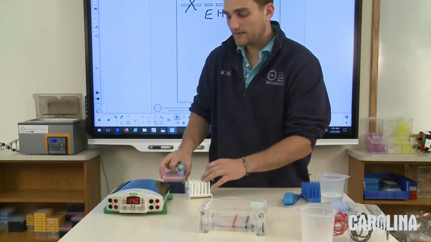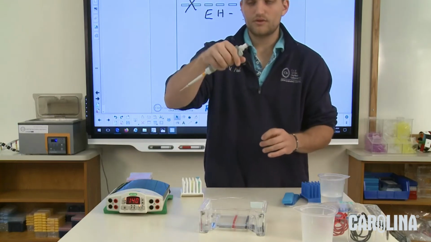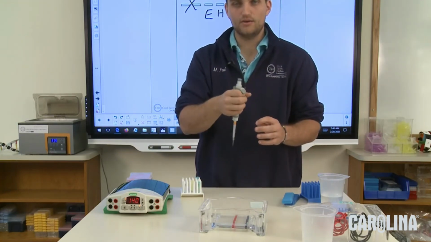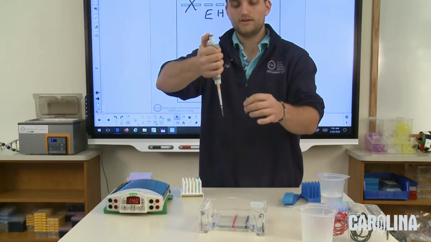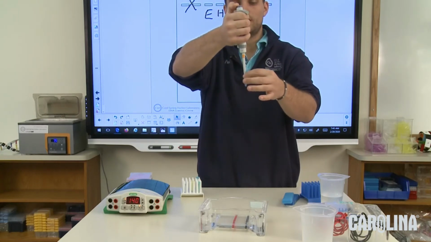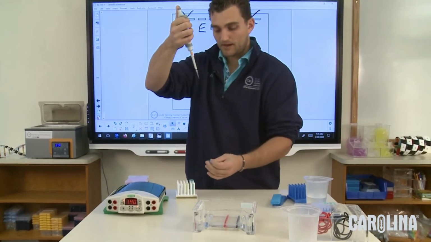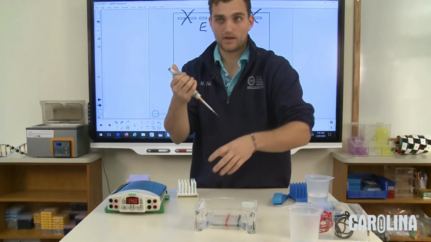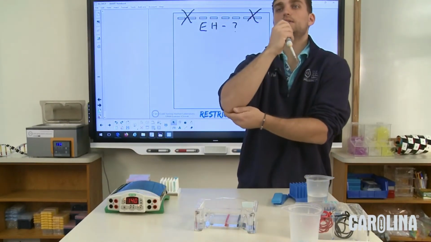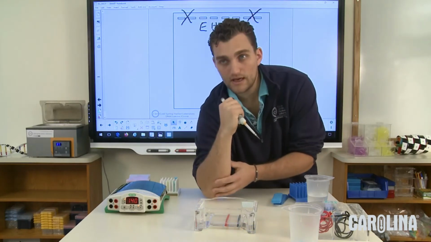I need to get this into the wells that I created with my comb. So the way I do this, I push down to the first stop, I go into the liquid, I slowly release, I pick that liquid up into my pipette. This tube can now be thrown away. What I do is I'm going to take my dominant elbow, put it down on the table.